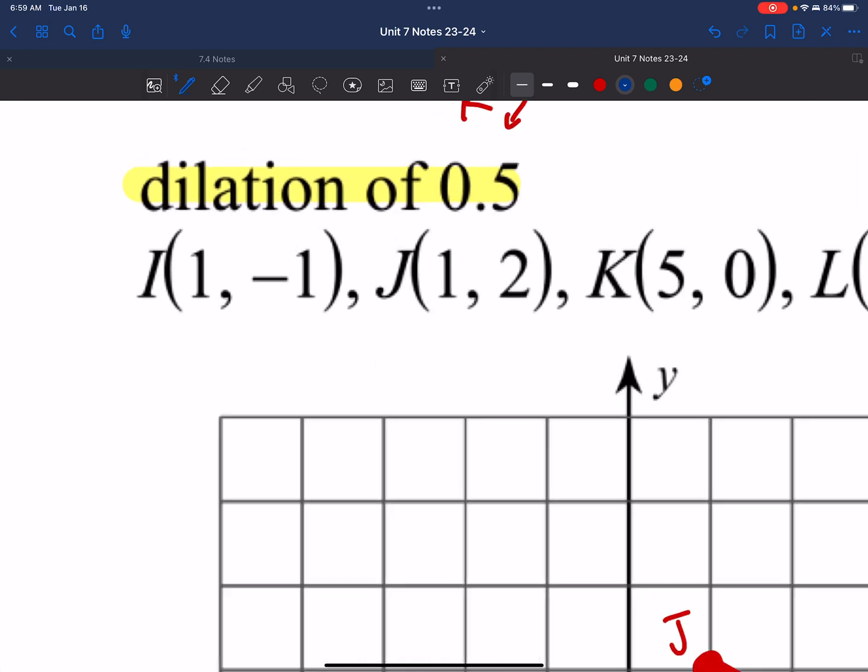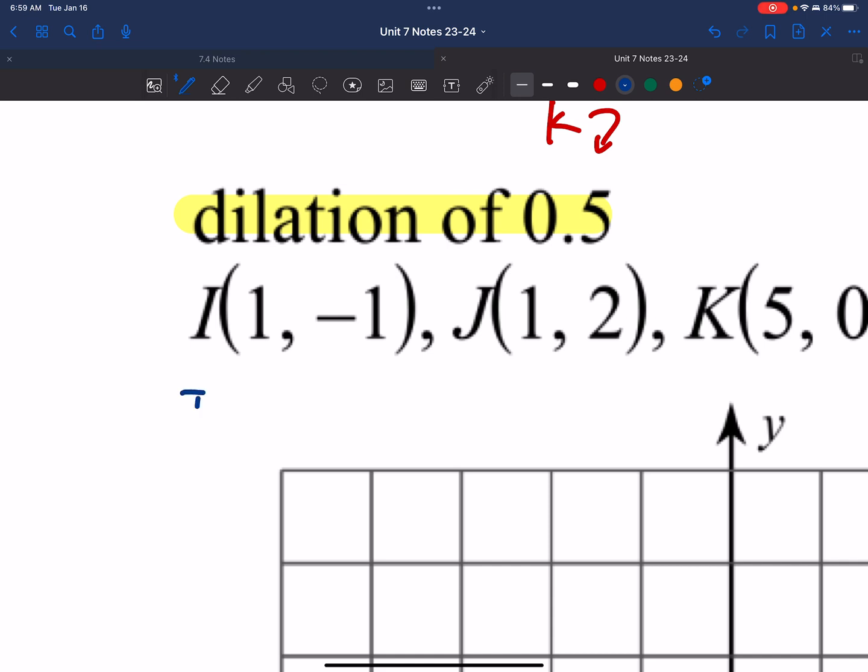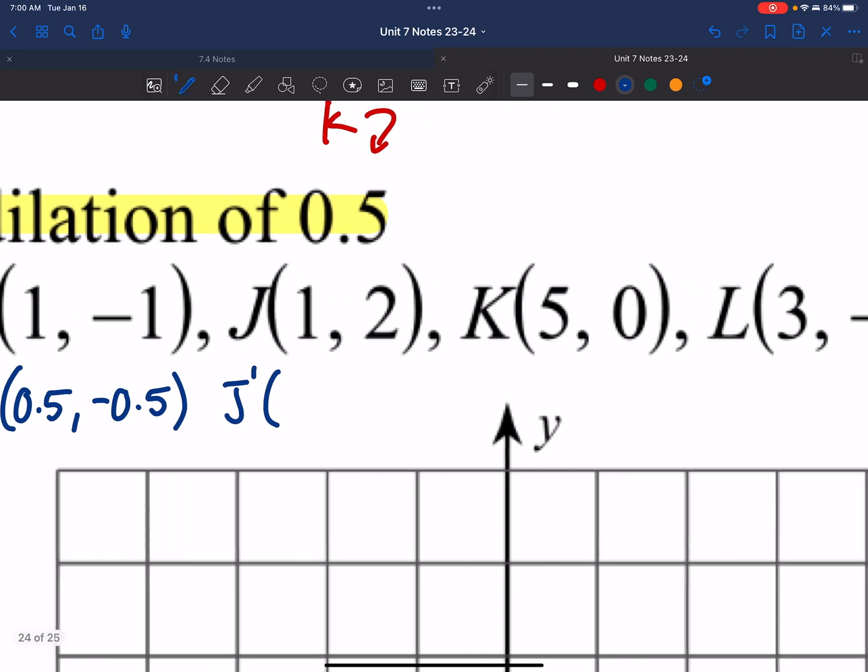So to get I prime, 1 times 0.5 is going to be 0.5. Same thing for -1, it's going to be -0.5. J prime, 1 times 0.5 gives me 0.5. 2 times 0.5 gives me 1.